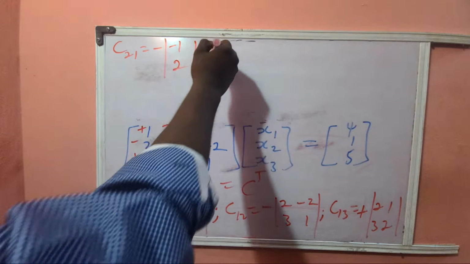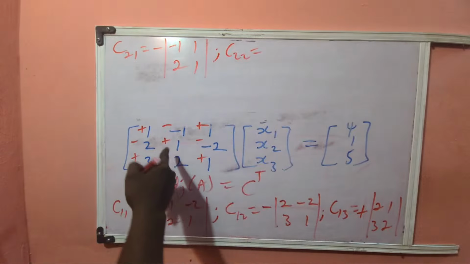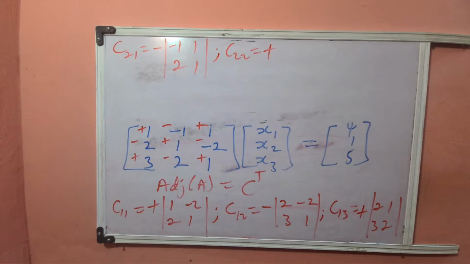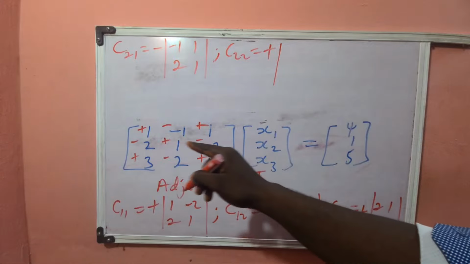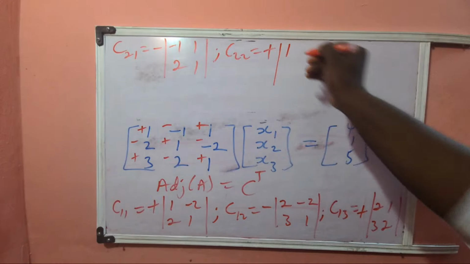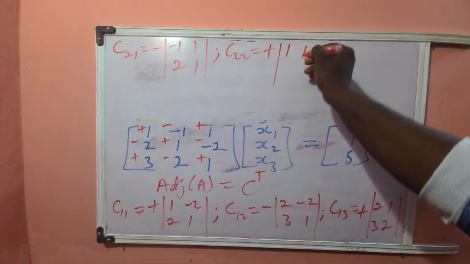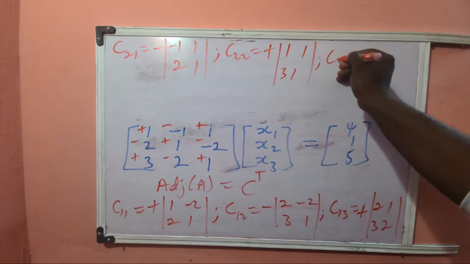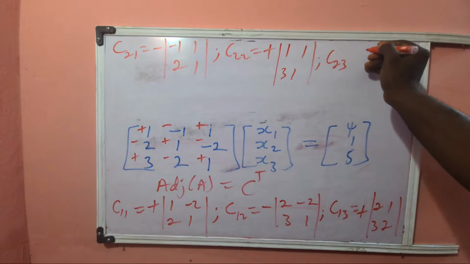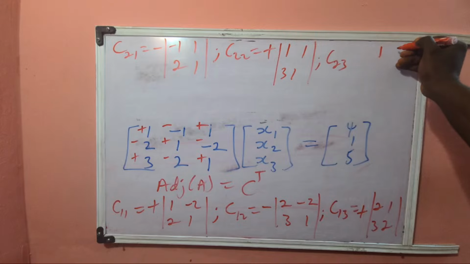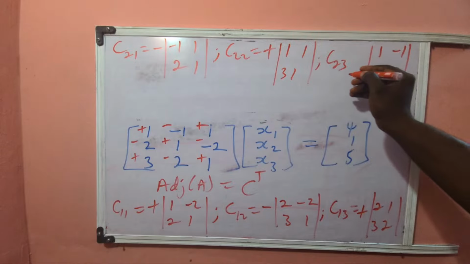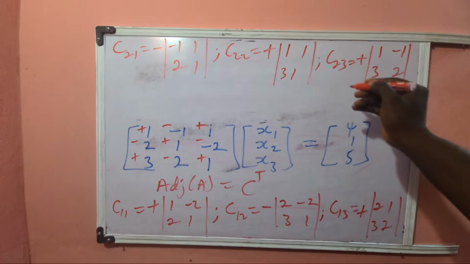And then the cofactor of 2, 2 will be plus, we're dealing with 1, 3, 1. Then for 2, 3, we're dealing with 1 minus 1, 3, 2. And we're dealing with a negative sign there.